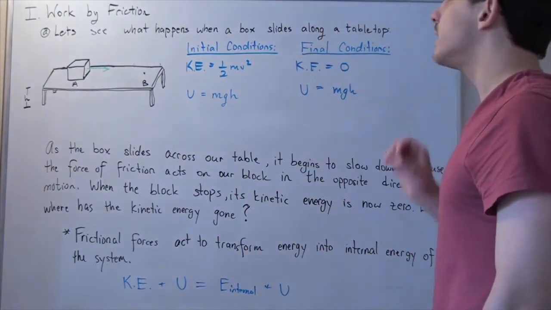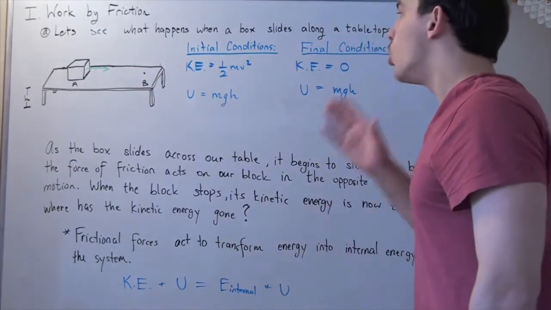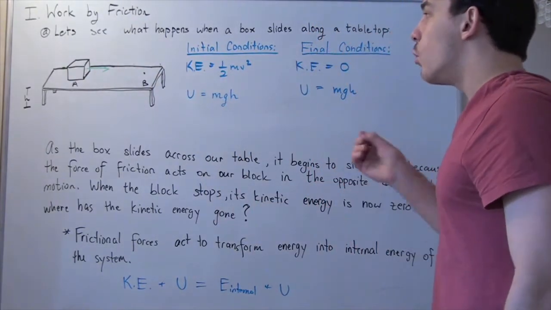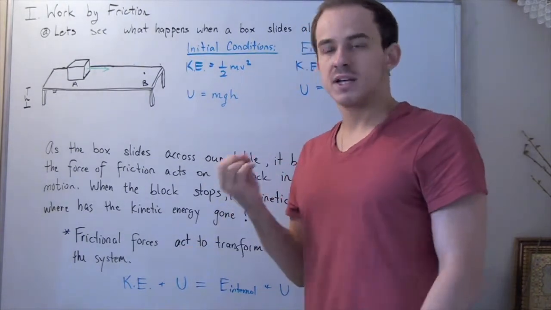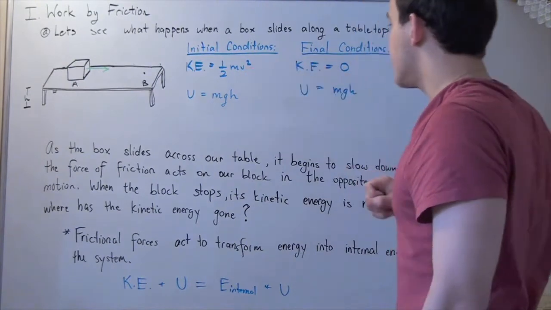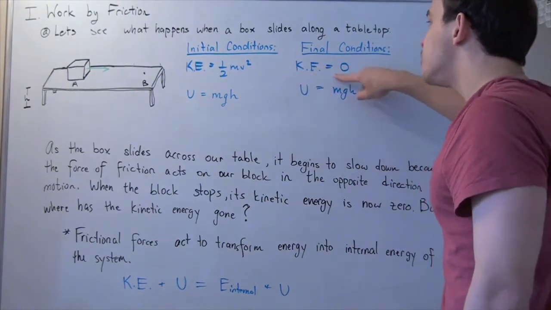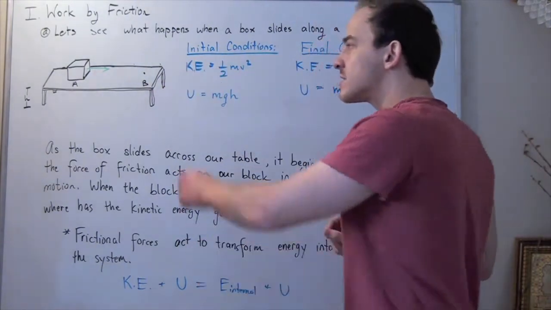And let's look at our final conditions. When our box actually stops at point B, what are our energies now? Well, now the velocity of the box at point B is 0 because our box is stationary. And since our velocity is 0, our kinetic energy is also 0. What is the potential energy of the box at this point?